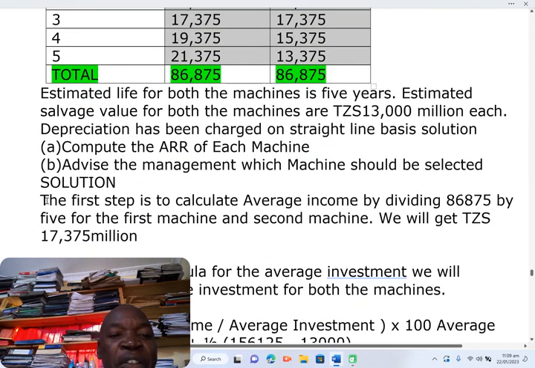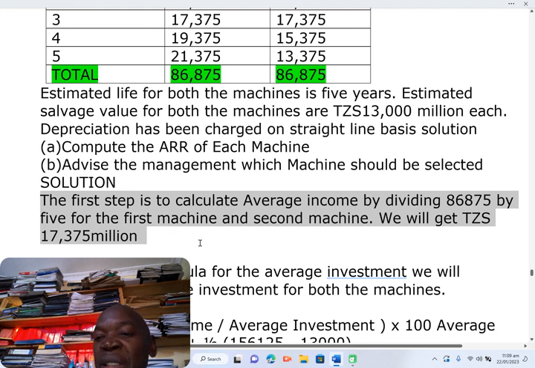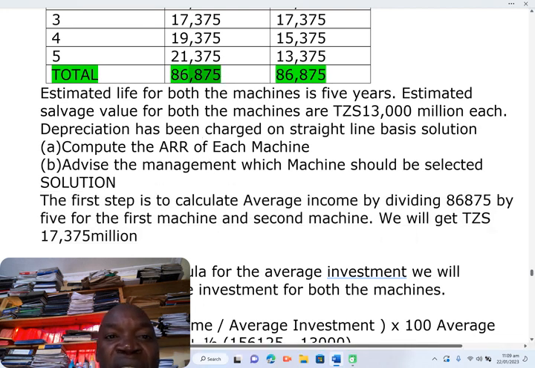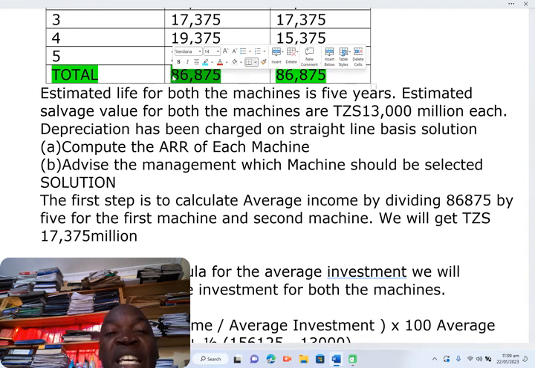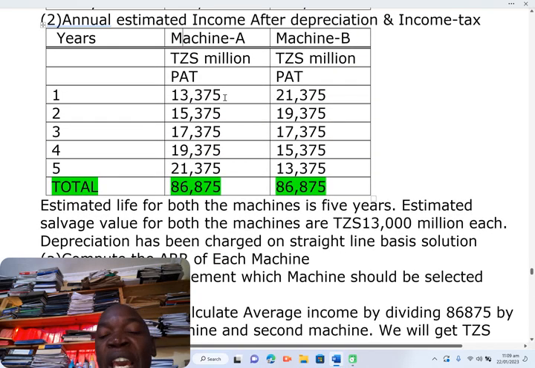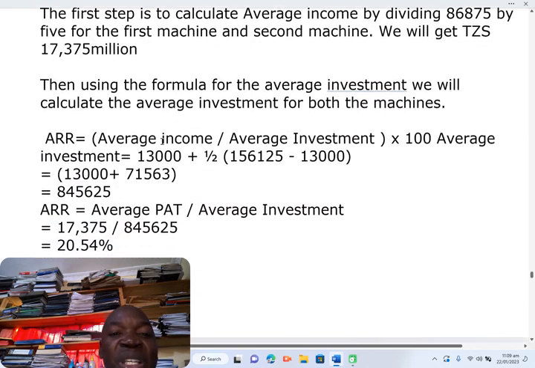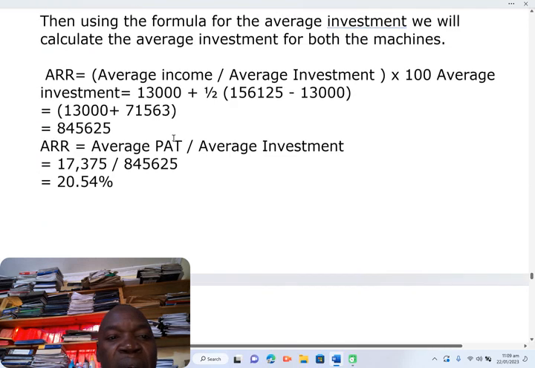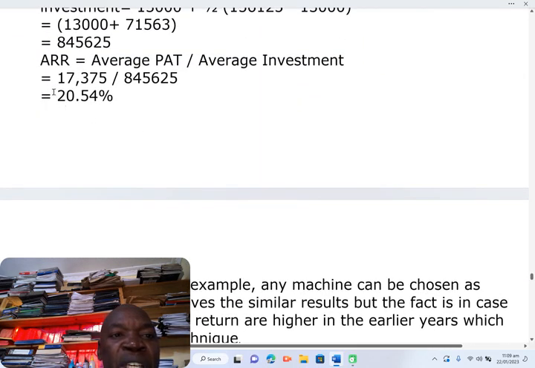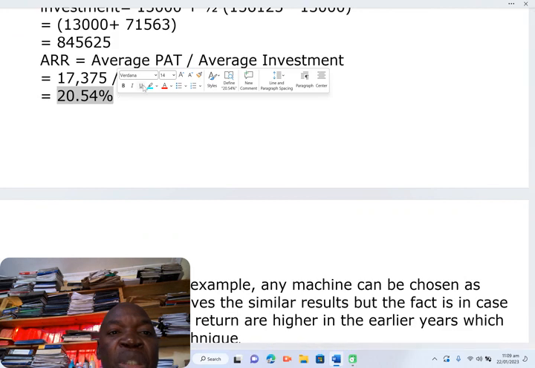Computing here, the first step is to compute the average profit and divide by the initial investment. If you take the profit and divide it by 5 years, you get the same number for machine A and machine B. As you see now, the IRR will be the same, 20.4 for all machines.